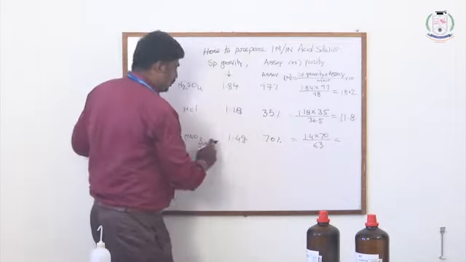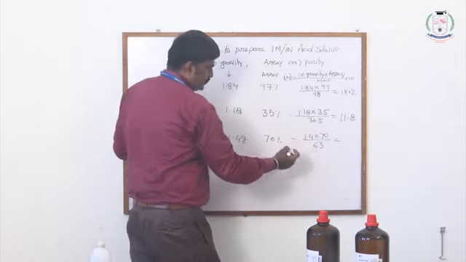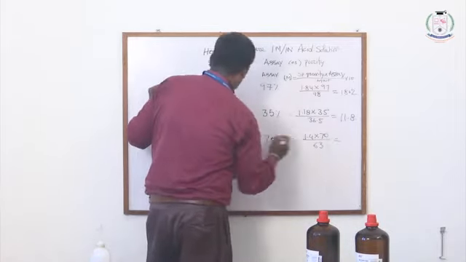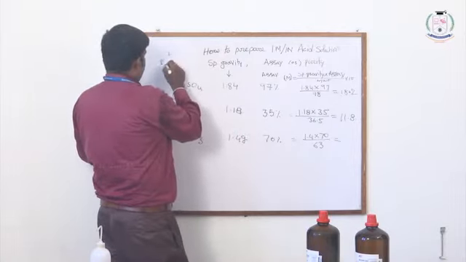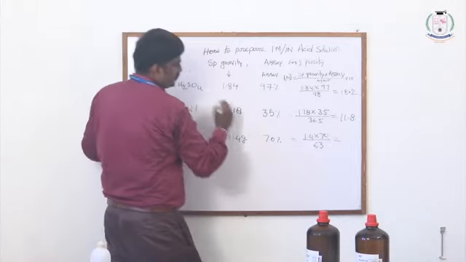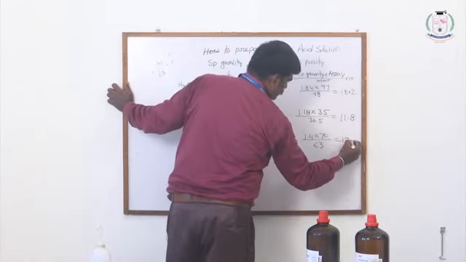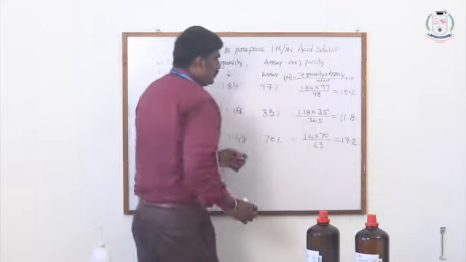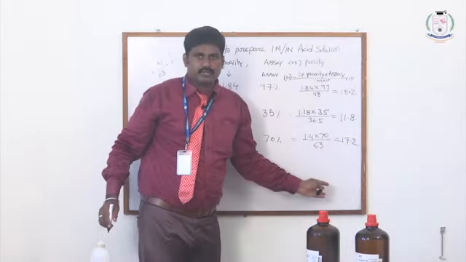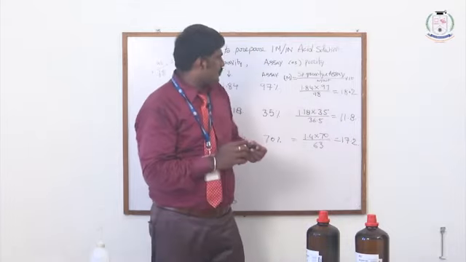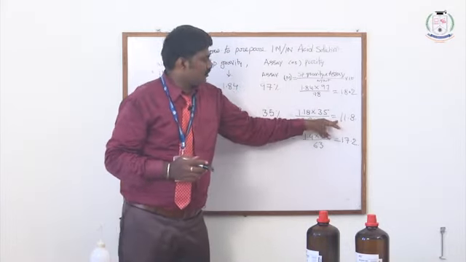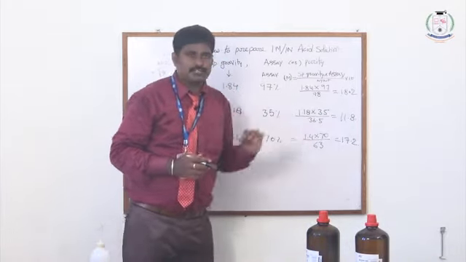For HNO3, let us take 70%, 1.4 into 70 by 63. Finally it will be around 17.2. These are the concentrations of commercially available acids, that is the sulfuric acid, hydrochloric acid and HNO3.